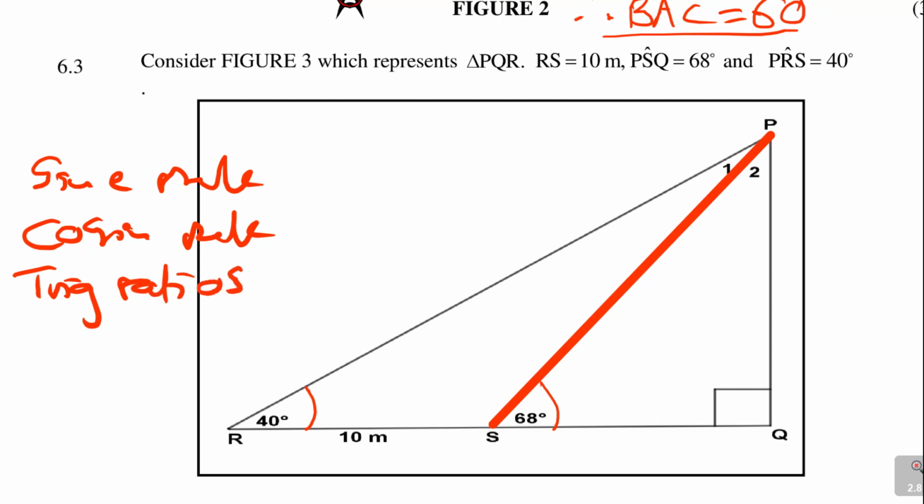So you have to ask yourself, which triangle am I going to focus on? If we try this triangle, for example, we have RS, which is 10, but they didn't give us any of the other sides, so unfortunately we can't use the trig ratios here.